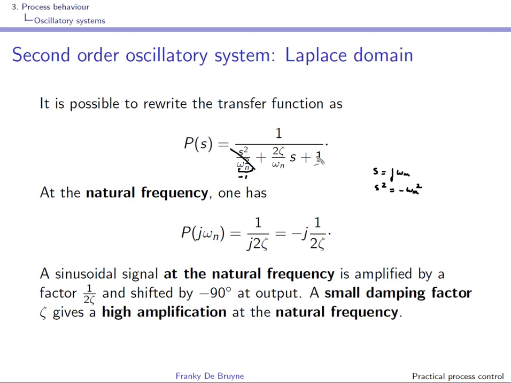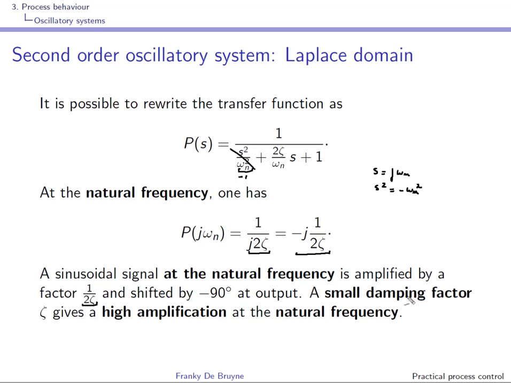It will cancel out with this one, and well, the transfer function evaluated at the natural frequency is given by this expression that you can rewrite as follows. So we will see here that a sinusoidal signal at this natural frequency will be amplified by this factor 1 over 2 zeta.